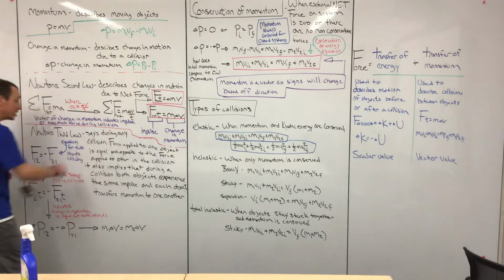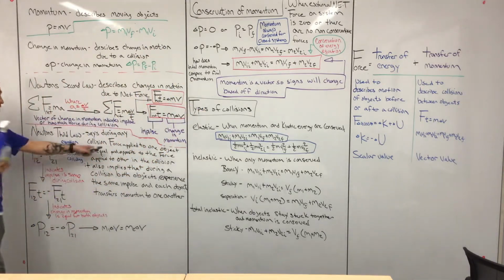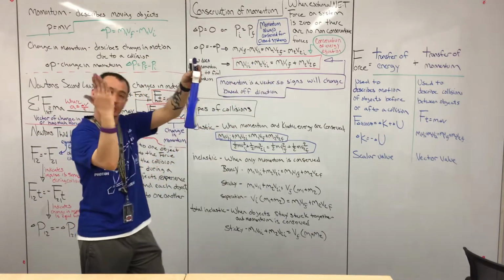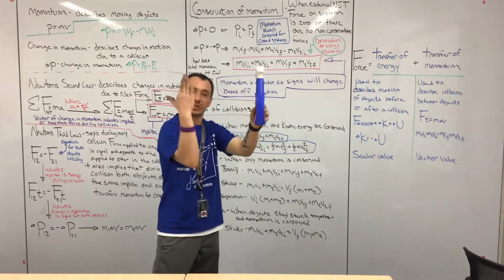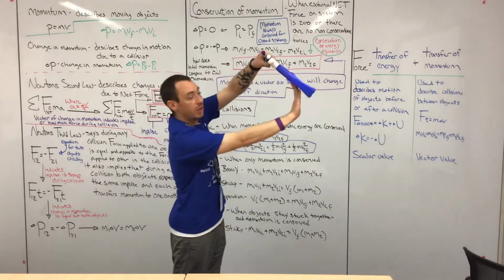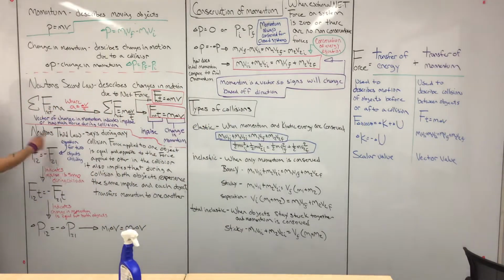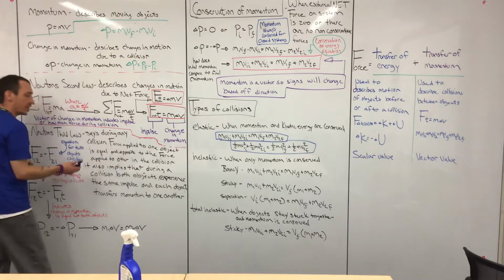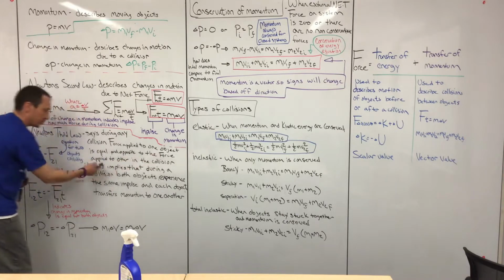So we looked at Newton's third law and said, hey, for any collision, we know that those forces are equal and opposite. Every time we apply a force to something, the force from that object on the other object is equal and opposite to the force that the other object is applying back to me. So here, I apply a force to the bottle, and that bottle's applying force back to me too. We know that from Newton's third law. So it says that for any collision, the force applied to one object is equal and opposite to the force applied to the other.